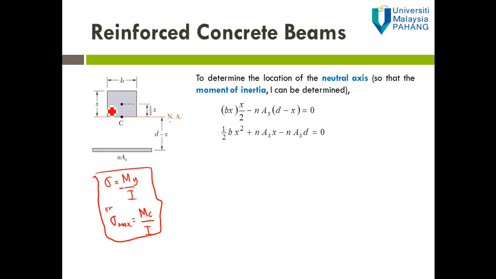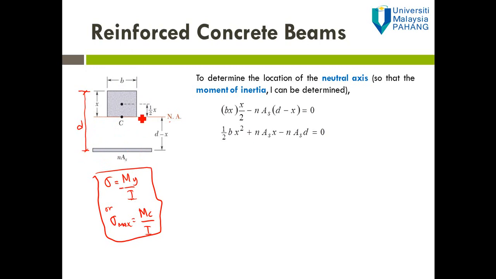We denote this length as x, where x is measured from the top surface of the concrete to the neutral axis, and this is b, the base. The total length from the top surface to the steel rod, or the steel that has been transformed into concrete, is equal to d.